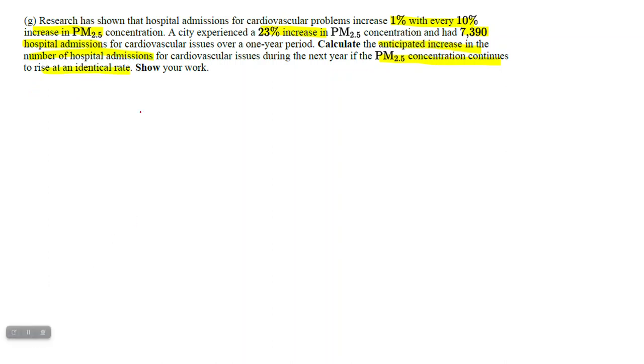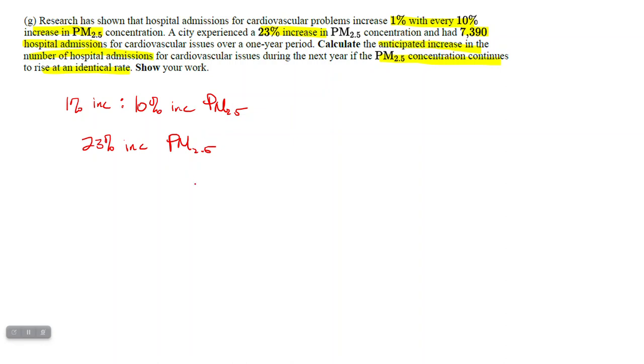So I like to write my givens out so I know some things. So a 1% increase in health condition goes with a 10% increase in PM 2.5 concentration, right? There is a 23% increase in PM 2.5 concentration.